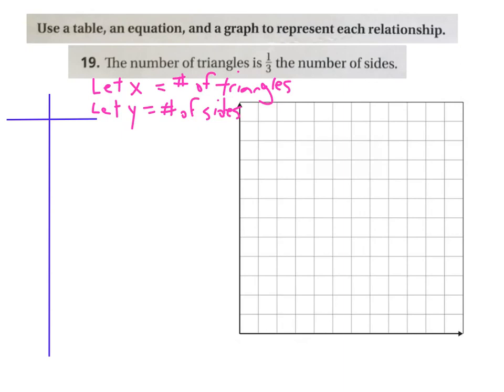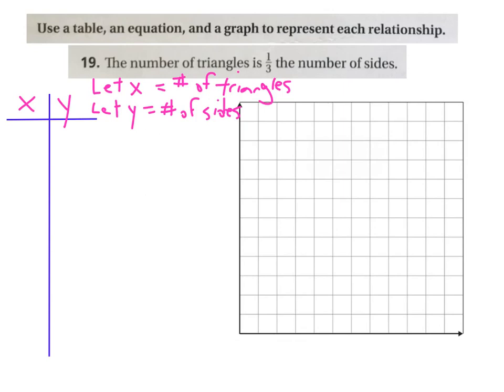Okay? And we'll write here x and y. Now, it's true that we could have put t and s, t for triangles, s for sides, but since we're graphing it and we have an x and a y coordinate, I like to define them in terms of x and y. We say number of triangles is x, number of sides is y.